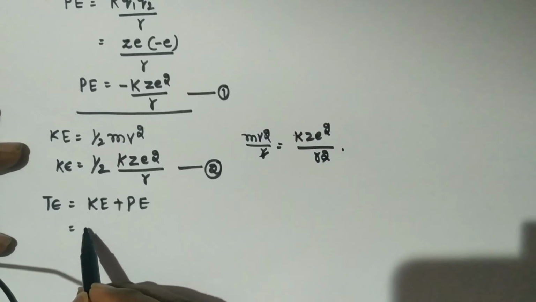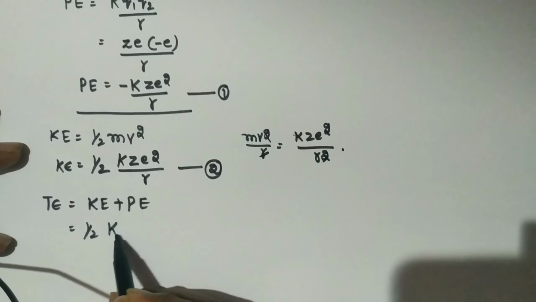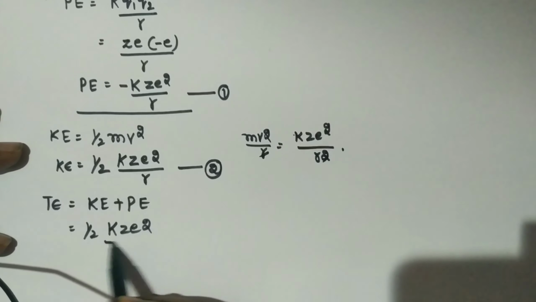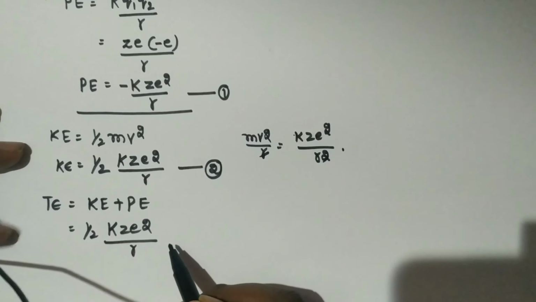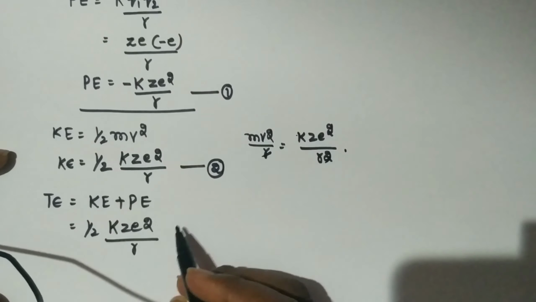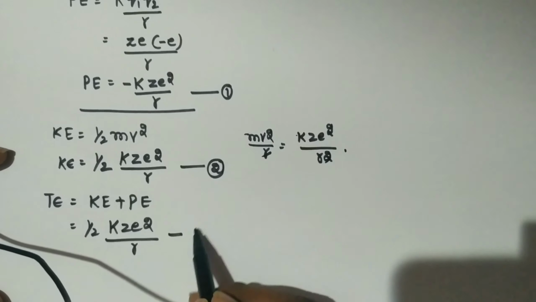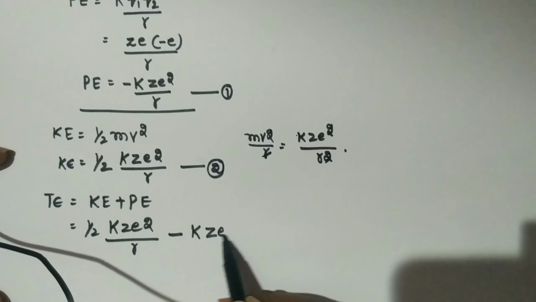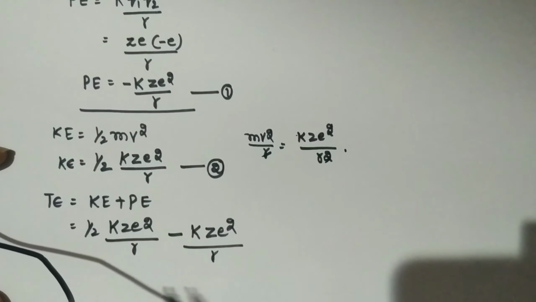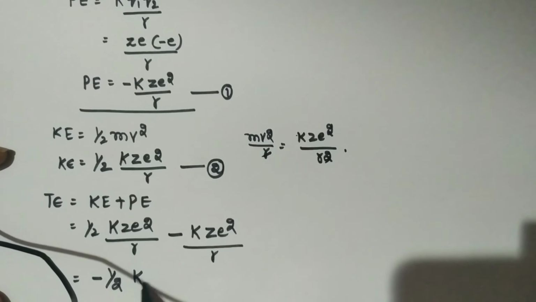So total energy is equal to KE plus PE, kinetic energy plus potential energy. So kinetic energy we know is half K Ze square upon r, plus minus K Ze square by r. So directly I am writing minus half K Ze square upon r. So this is the total energy.